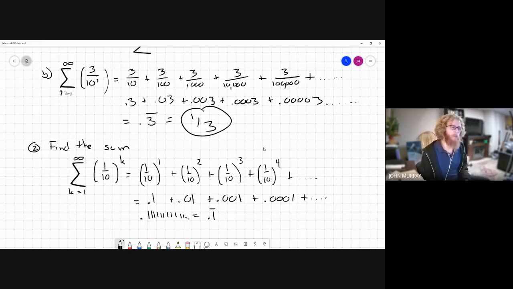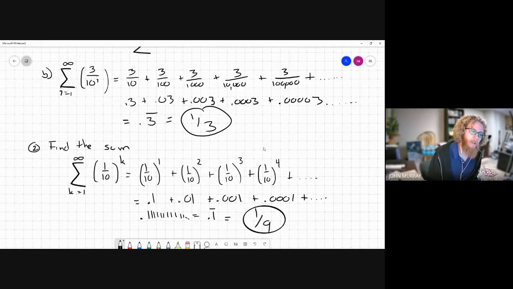It may take a little bit of critical thinking, but what fraction gets us 0.1 repeating? That's going to be 1/9. Making that connection from the repeating decimal to its equivalent fraction, you might just need some practice with that, and you get to recognize it eventually.